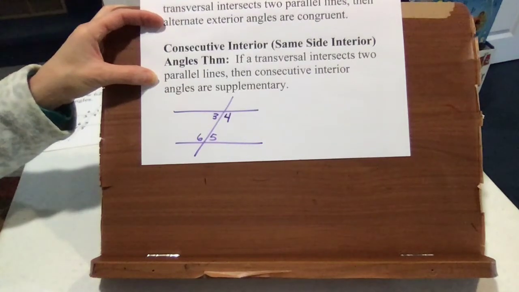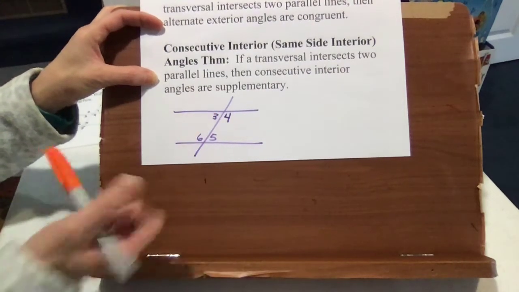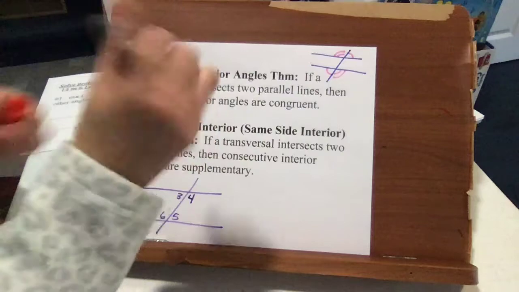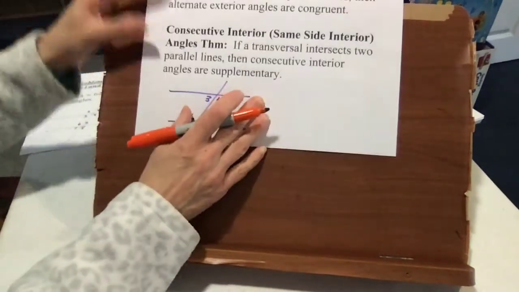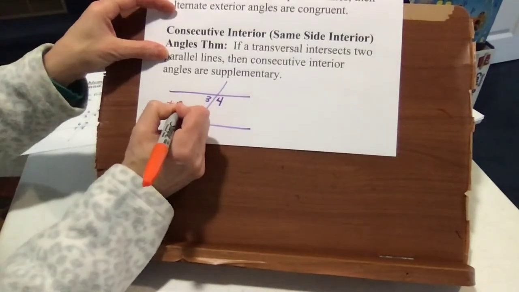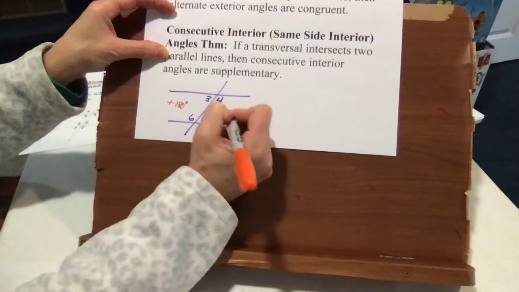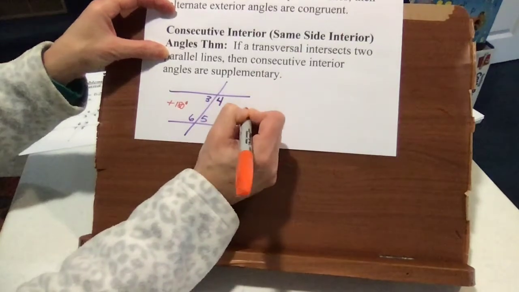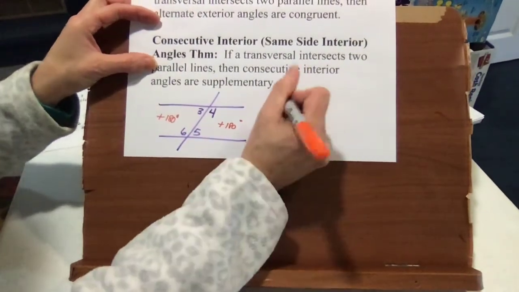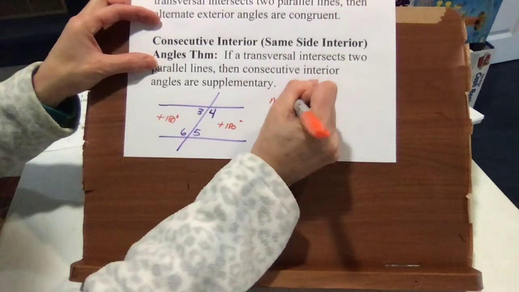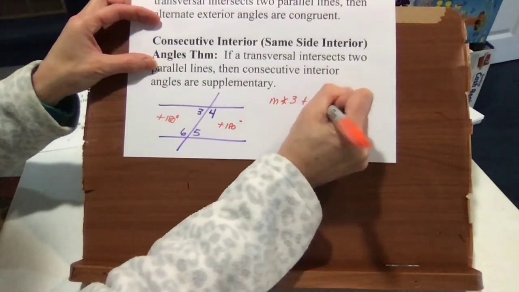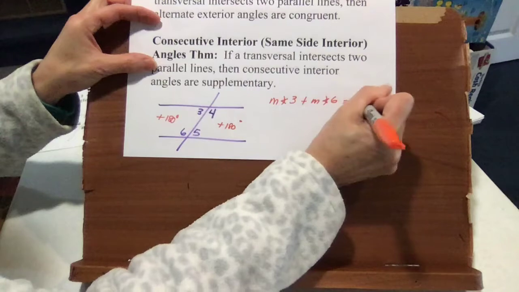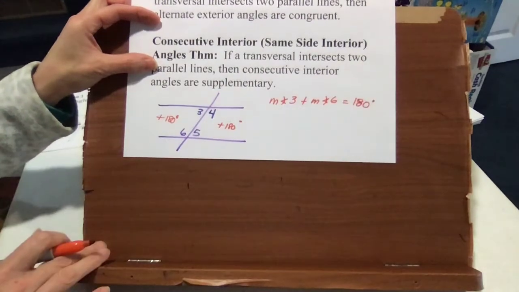It means that angle 3 and angle 6 add to 180. What I usually do on my picture is put a plus to 180. So when I'm writing this, I'll say the measure of angle 3 plus the measure of angle 6 is going to give me 180 degrees. That's what supplementary angles mean.